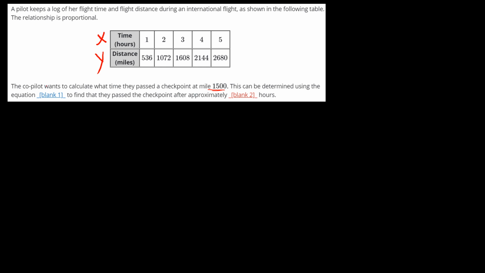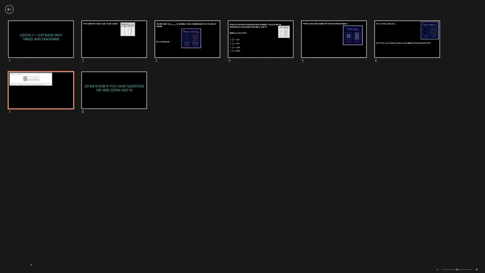Now, I know here that my unit rate is going to be 536 miles for every 1 hour. Blank 1, let me pick blue so it'll all match. So for blank 1, I want to know what time it took them to get to that 1500 mile marker in hours.